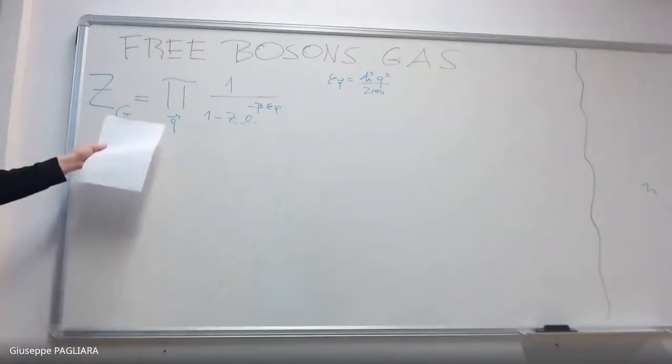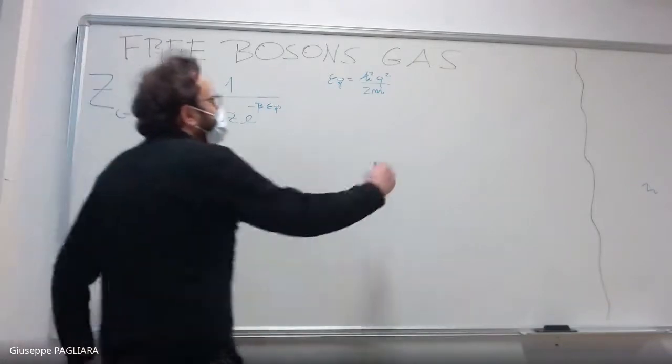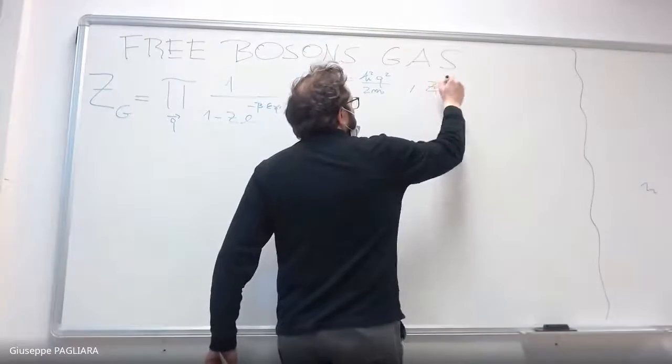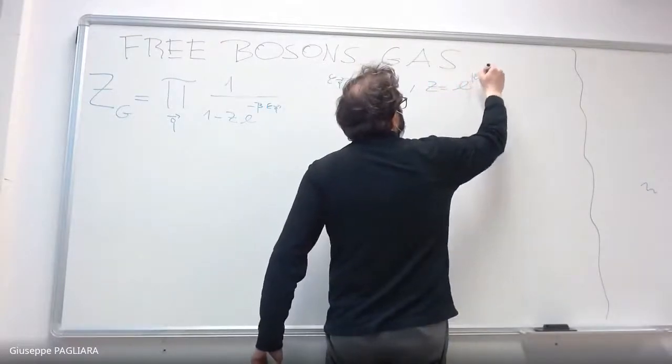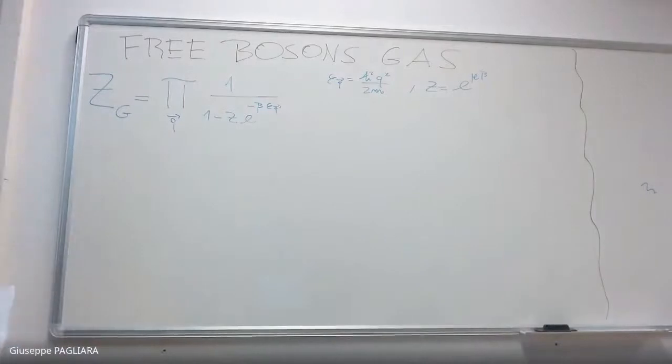And now here there is a product because we have quantization of the wave number, because we are using the normalization of the wave functions in a box. Okay? And z is the fugacity, and it is equal to the exponential of mu, which is the chemical potential, times beta.